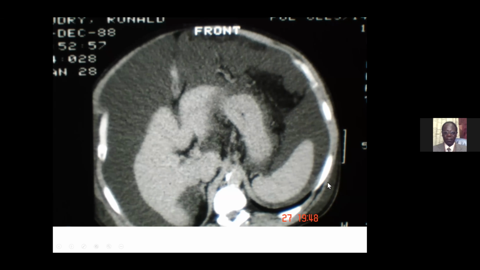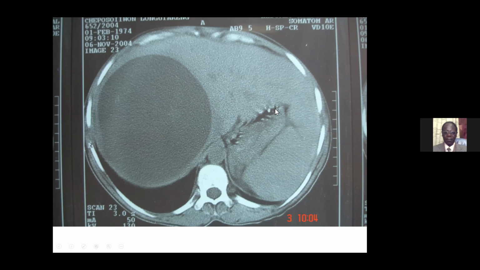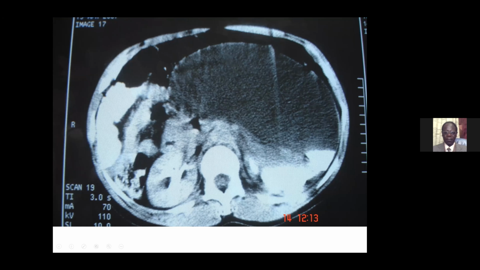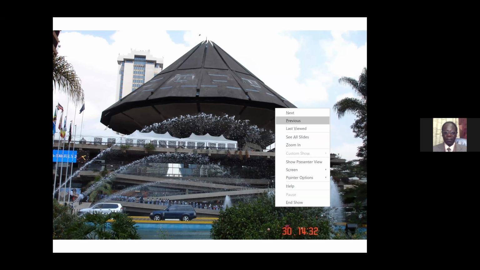When you go to theater to operate, the lighting at the top makes you see the area of operation better. That is now like the camera, and the patient is lying, let's say, supine and turns in different positions.